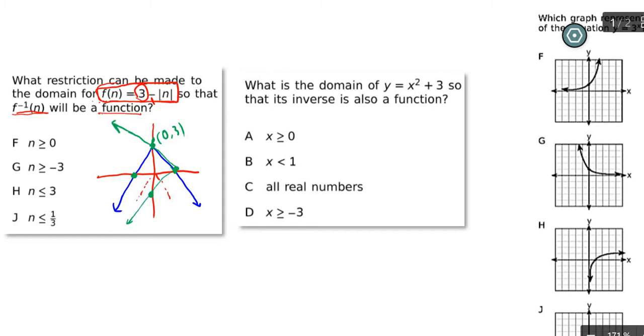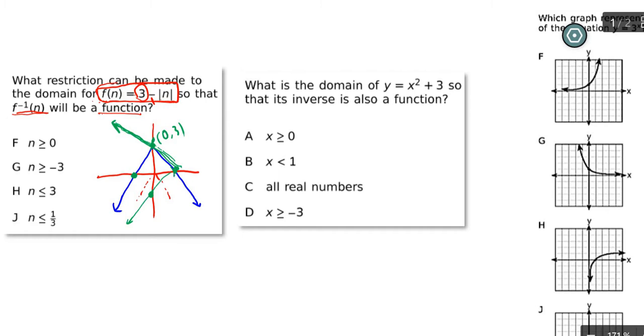Okay, so now we're looking for a restriction that needs to be placed on this. Let's consider the first option. Will it be n is greater than or equal to 0? Well, if you look at this, we only want one of the branches, so we only want one. All right, so that will not work because the restriction should have been n is less than 3.